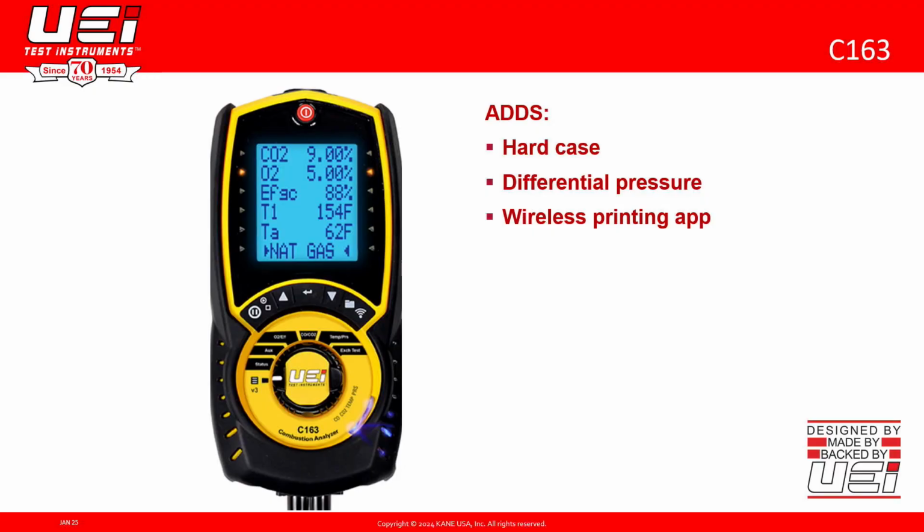When you move to our C163, because our C161 only comes as an analyzer, a probe, and a box. When you move to our C163 model, you add this nice red hard case that you see here. You now also have the option of differential pressure built into your combustion analyzer, which is perfect.